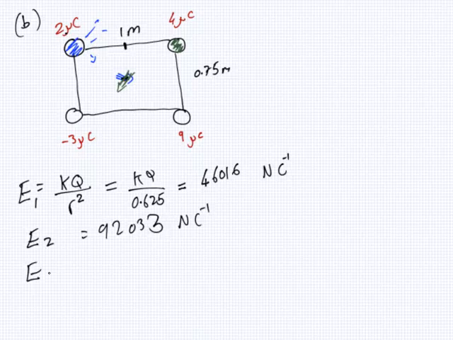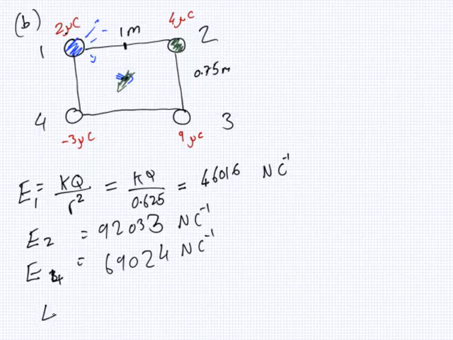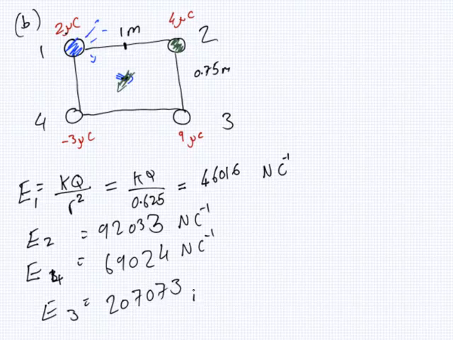And then with E3, you get 69024 newtons per coulomb. Sorry, that's actually E4. I'll do 1, 2, 3, 4. Okay, so E3 will be the biggest one. It'll be 207,073 newtons per coulomb.